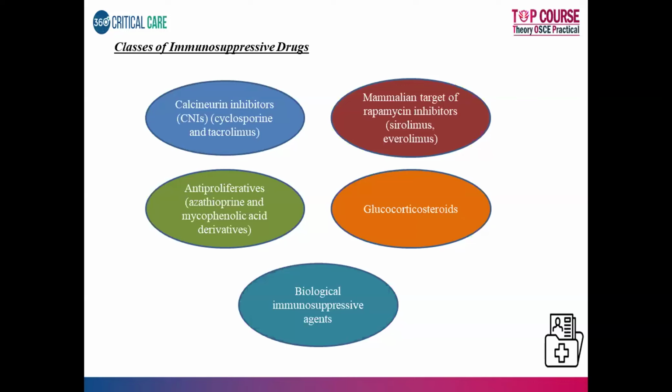The third group are the anti-proliferatives, which are azathioprine and mycophenolic acid. We usually use mycophenolic acid in our kidney transplant patients. The next, glucocorticoid steroids, this also we commonly use. And the fifth one is the biological immunosuppressive agents. Now we will go through each one of it, not in detail, at least one slide about each drug.